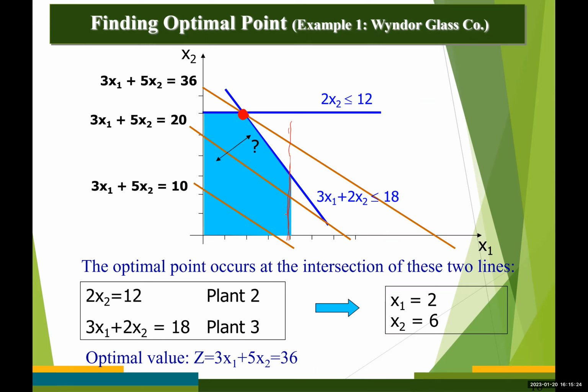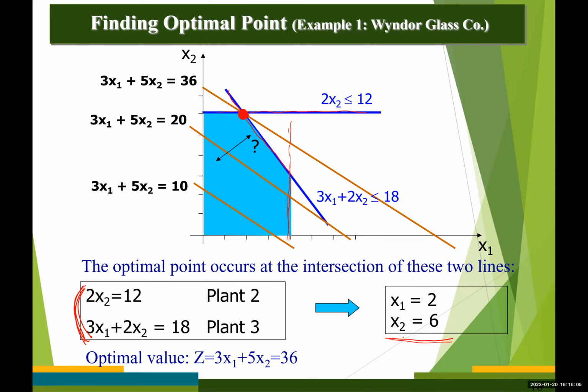Identifying which constraints are binding is very important because we know that the optimal point occurs at the intersection of these two binding constraints, these two lines in this case, okay? So if you solve these two equations representing each of these two lines, then you should be able to get the optimal solution.